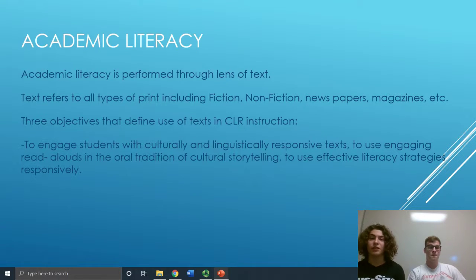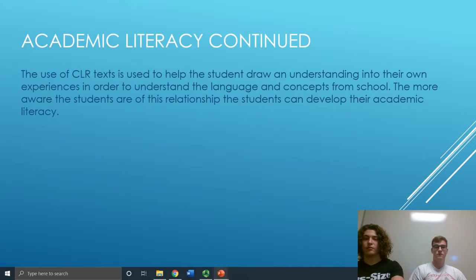So academic literacy is performed through the lens of text. Text refers to all types of print, including fiction, nonfiction, newspapers, magazines, etc. Three objectives define the use of text in CLR instruction: to engage students with culturally and linguistically responsive text, to use engaging read-alouds in the oral tradition of cultural storytelling, and to use effective literacy strategies responsibly.